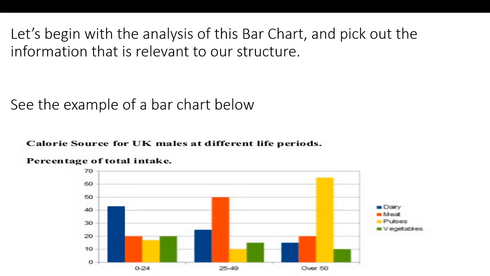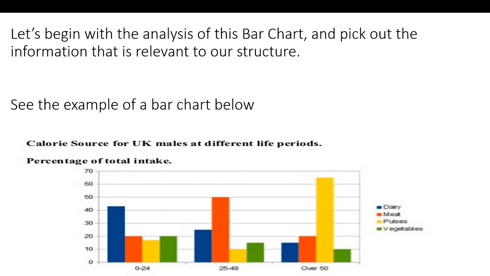So now let's begin with the analysis of the bar chart and pick out the information that is relevant to our structure. So see the example here in the bar chart. We have four things here, which are given in color.